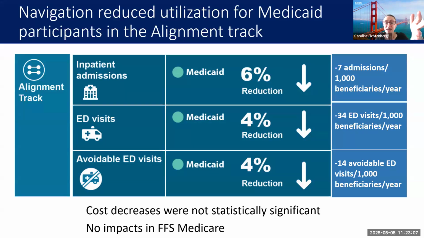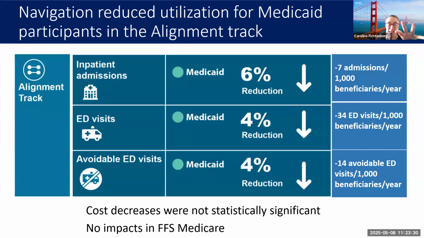The impacts in Medicaid were a 6% reduction in inpatient admissions, 7 admissions per 1,000 beneficiaries per year, a 4% reduction in ED visits, 34 ED visits per 1,000 beneficiaries per year, and a 4% reduction in avoidable ED visits, 14 avoidable ED visits per 1,000 beneficiaries per year.